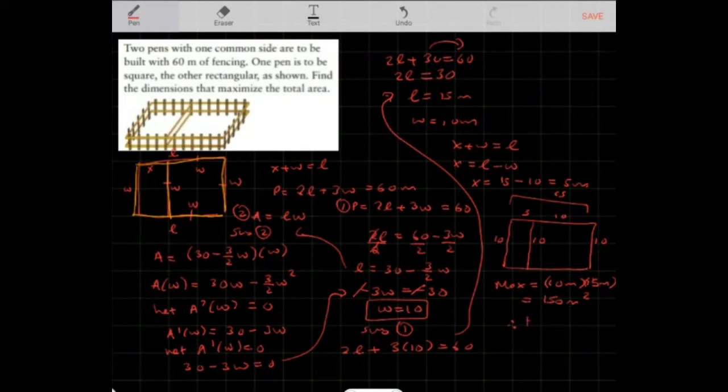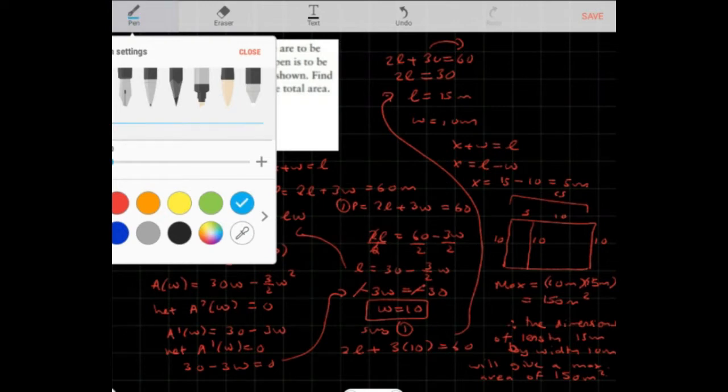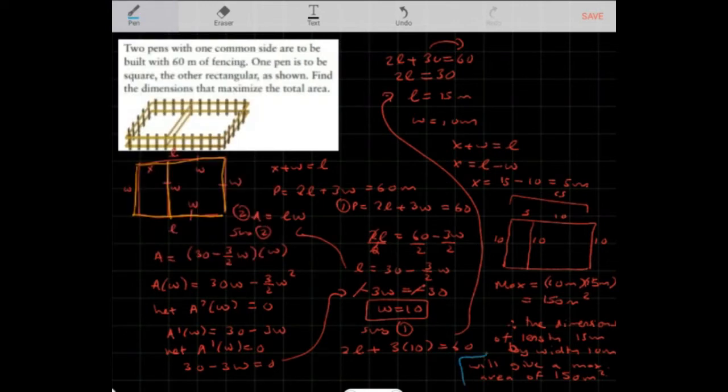Therefore, the dimensions of length 15 meters by width 10 meters will give a maximum area of 150 meters squared. This is how we can optimize our maximum area for this scenario.